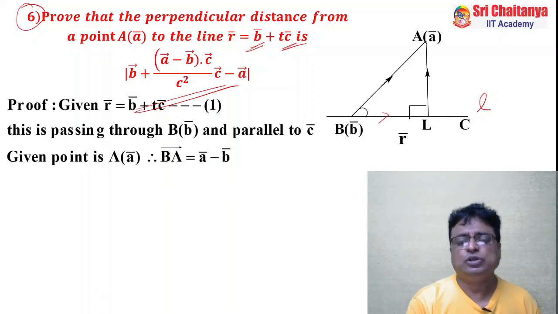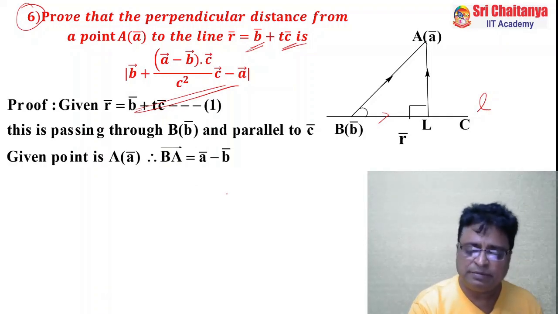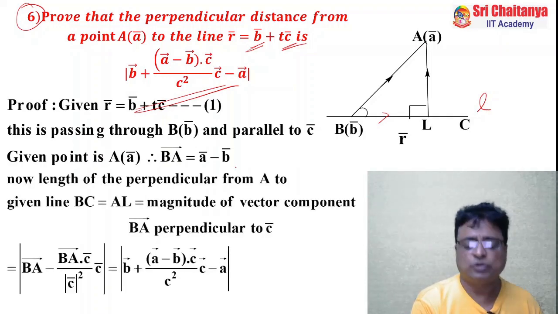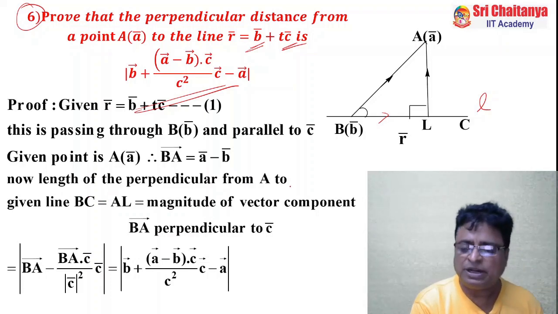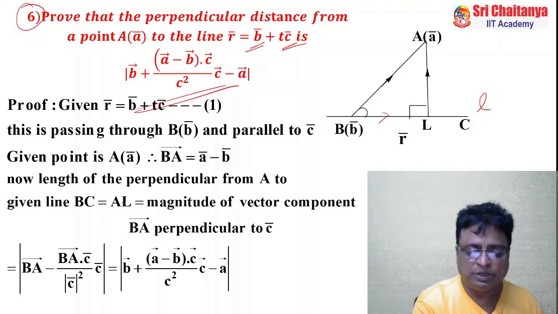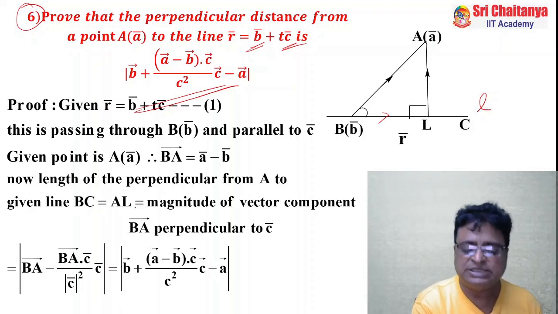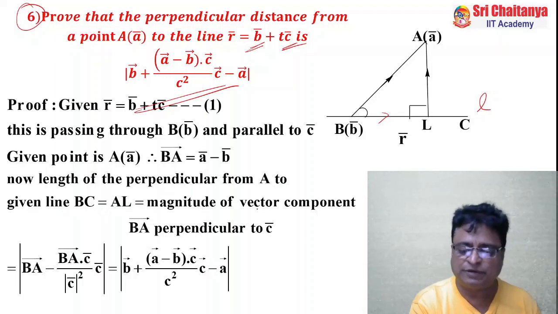Simple. So, what is BA bar? B bar minus A bar. So, now the length of the perpendicular: first you find the vector and take the modulus. So, the length of the perpendicular from A to line BC is nothing but AL, that is the magnitude of the vector component of BA bar perpendicular to C bar.